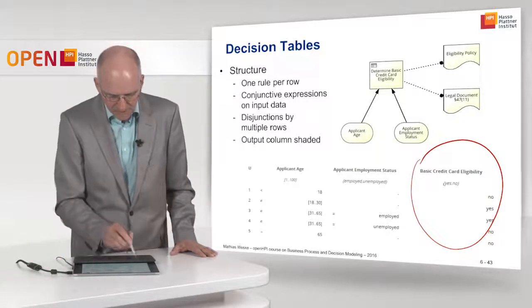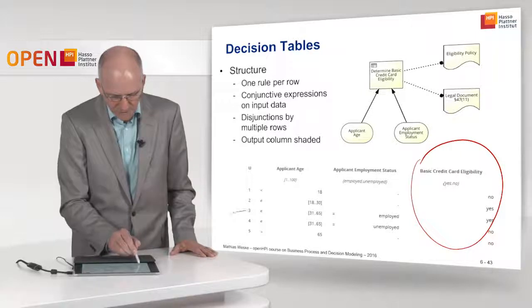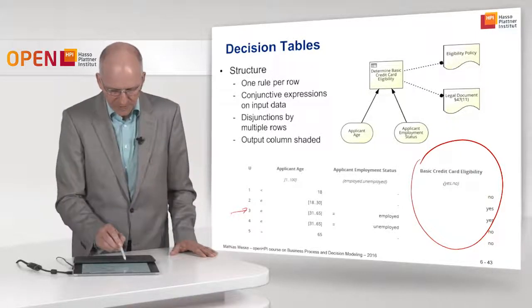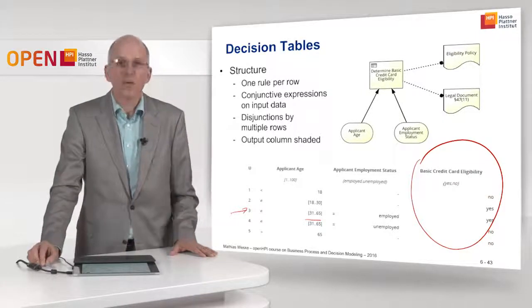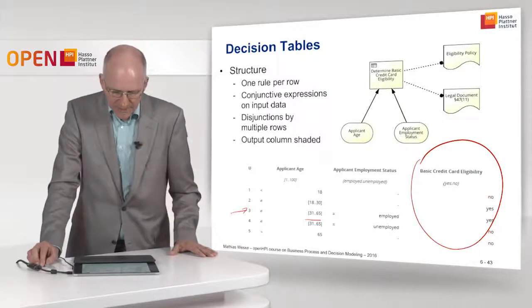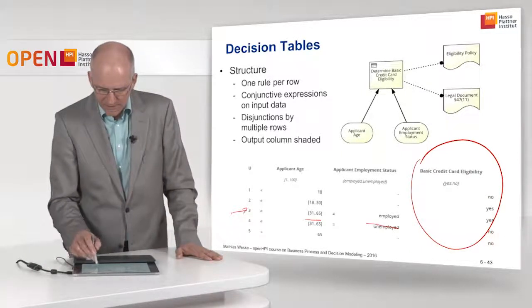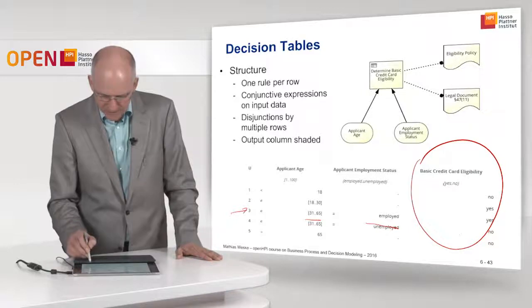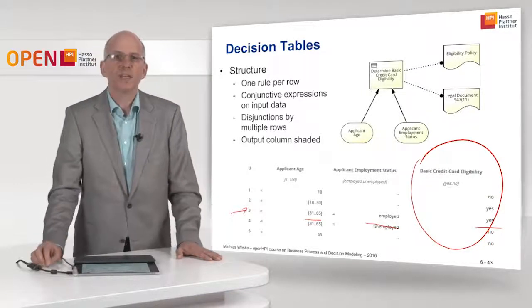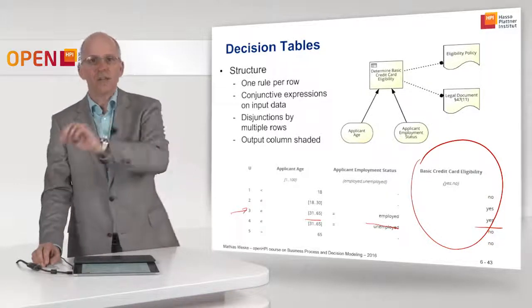Look at maybe this middle rule number 3. Here we say if the applicant age is in the interval between 31 and 65, and the employment status equals employed, then basic credit card eligibility is yes. So we say if that holds and that holds, then the output is yes.